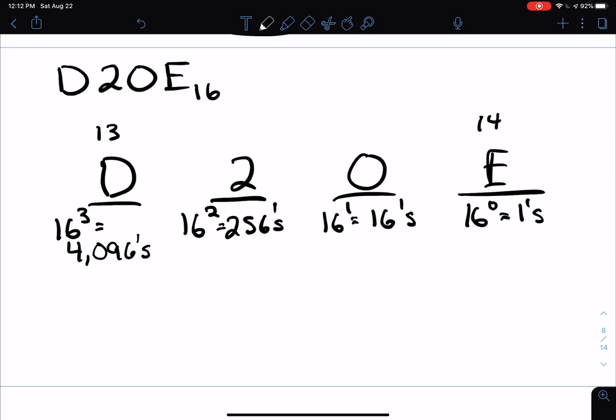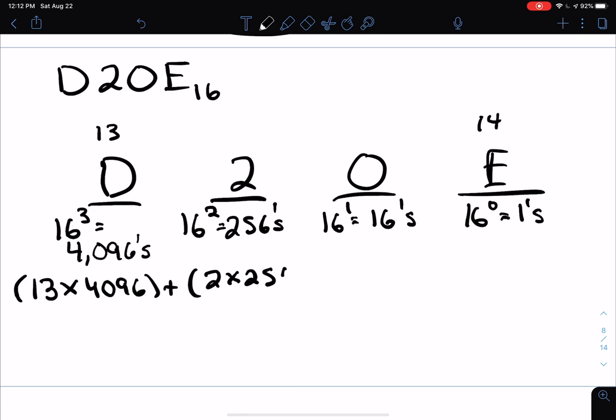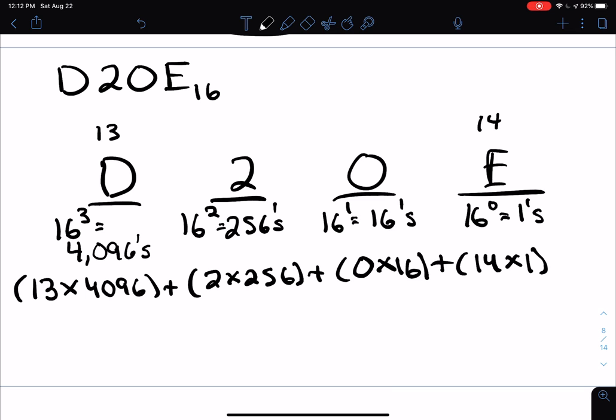Okay, I'm definitely going to need the calculator, because we're going to be doing 13 times 4096 here, plus 2 times 256 here. We're going to do 0 times 16, that's easy. And then 14 times 1, that's easy too. 14 times 1 is 14, 16 times 0 is 0. 2 times 256 should be 512, but for 13 times 4096, let me do that real quick.